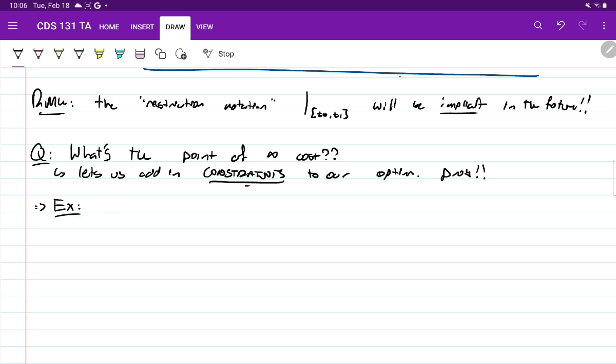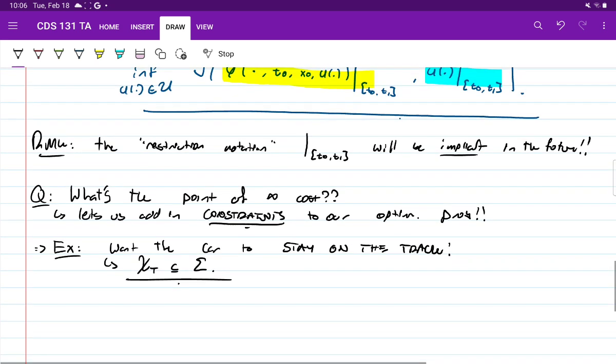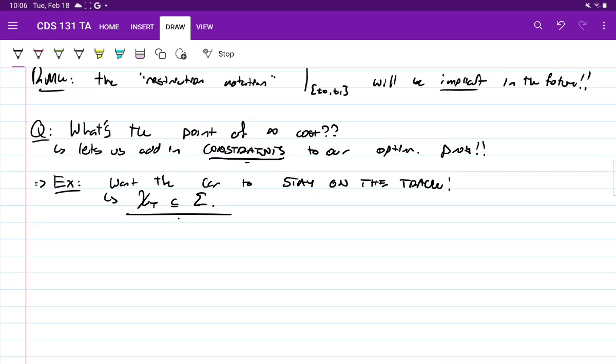So for example, I want the car to stay on the track. Okay, let's say I represent the track by a set xt, which is a subset of my state space. How can I encode this hard constraint that I want my state to remain in this set for all time in my optimization problem? Well, there's two ways of doing it, right?